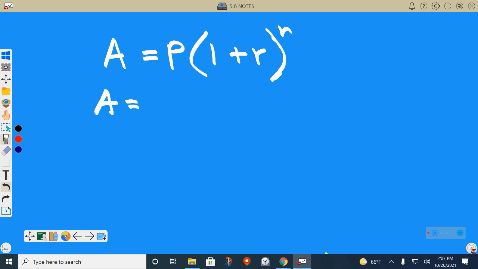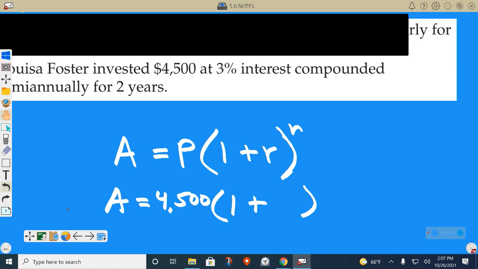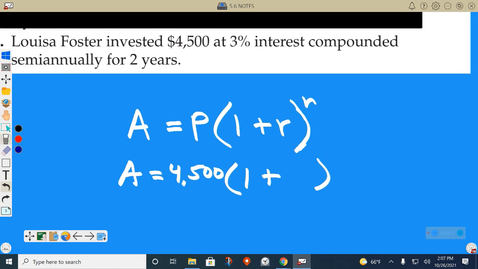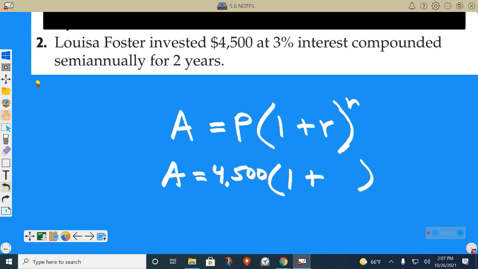The future amount is the principal, it's 4,500 in this case, times 1 plus the rate. Remember, it's a fraction. The numerator is the percent, 3% over how many times it's going to tack on interest in a year. Starks, what does semi-annually mean?